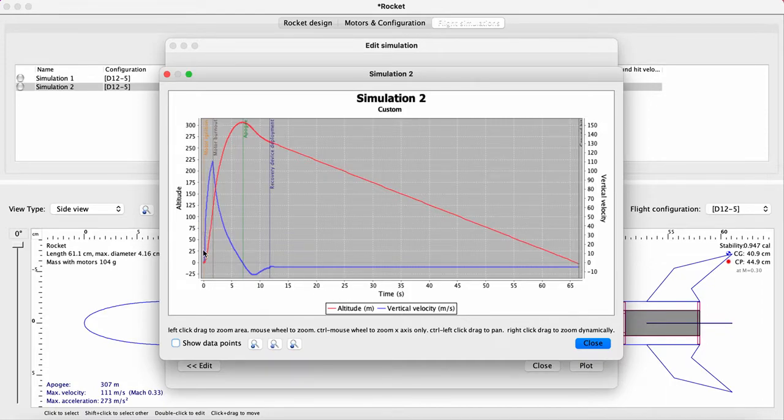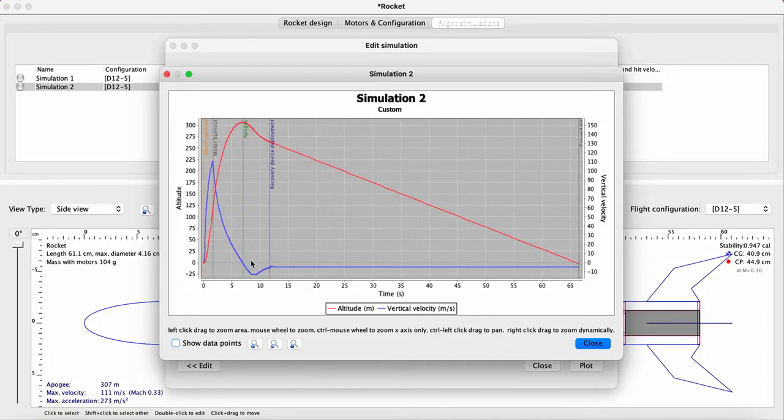The blue thing is the velocity. It says that at some point it launches, and the velocity increases until the motor burns out. Then it's just drifting upwards. After the motor burns, there's still a velocity, so it continues to go upward, but the velocity drops because drag is now starting to slow it down.